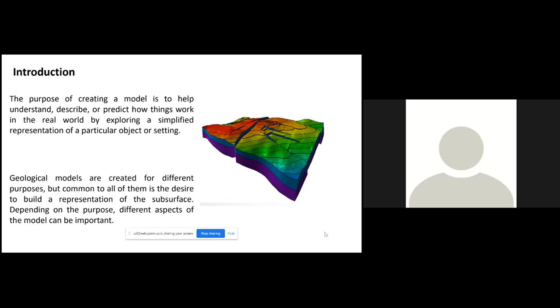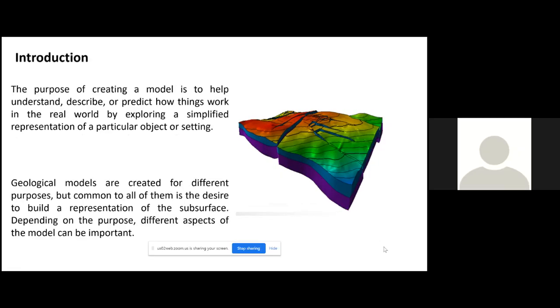And we can use this geomodel for different applications such as dynamic modeling, geomechanical modeling, petroleum system modeling, fracture modeling, and something else.